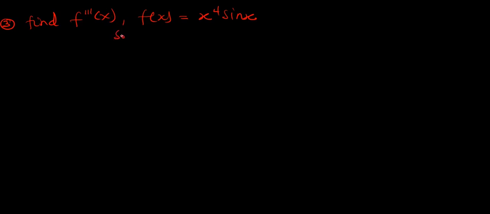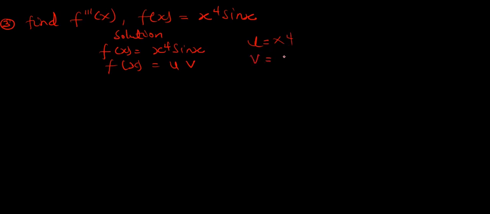So let's start. Solution. We have our f of x to be x to the power 4 sine x. So comparing this to f of x equals uv, we can say our u is equal to x to the power 4 and our v is equal to sine x.